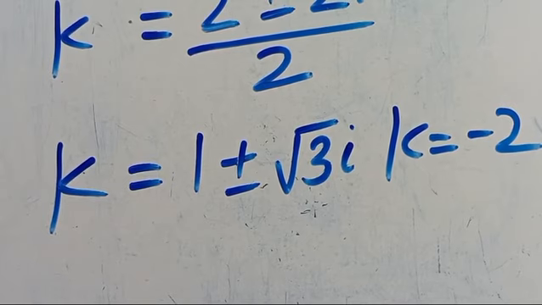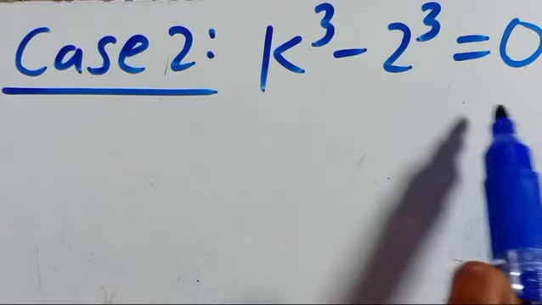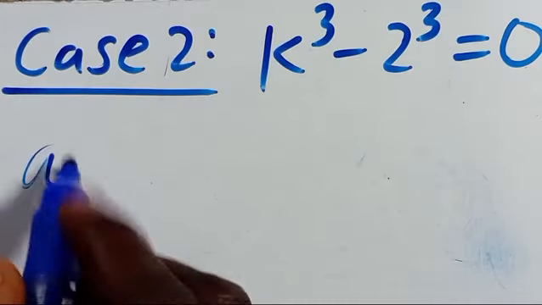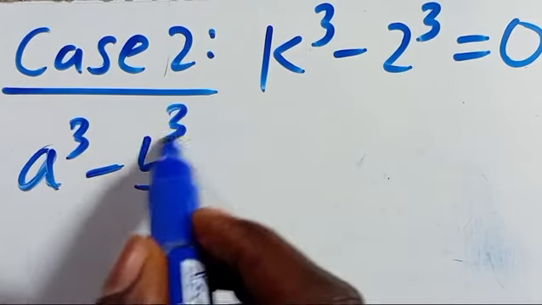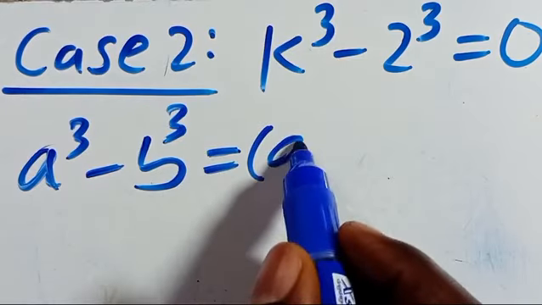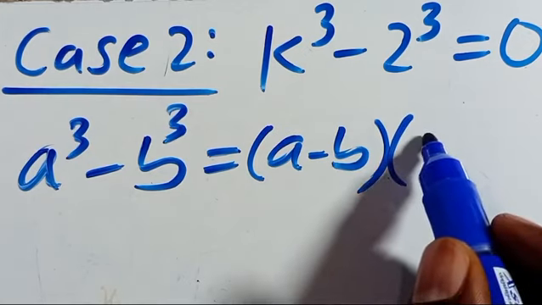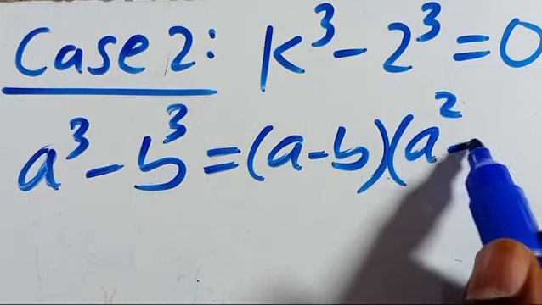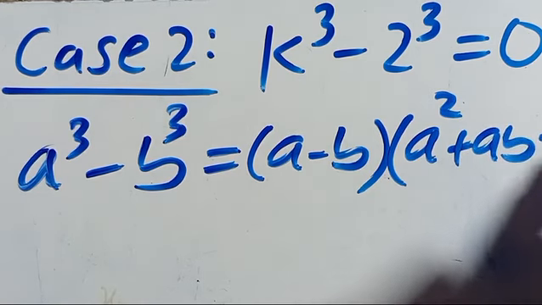Then let us also solve for the second case. So we have a difference of two cubes, when we have a to the power of 3 minus b to the power of 3 equals a minus b multiplied by a square plus ab plus b square.